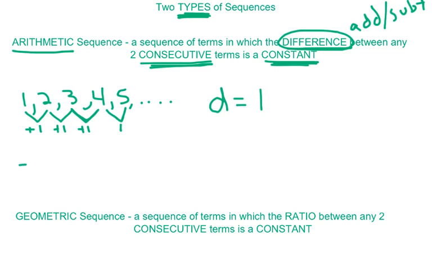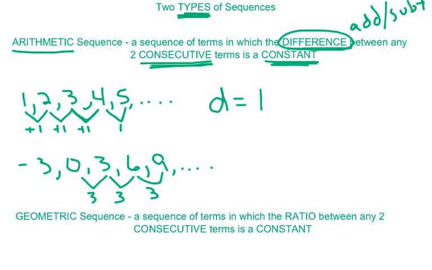Another situation, -3, 0, 3, 6, 9, and so on. So let's start from the end. 9 minus 6 is what? 3. 6 minus 3 is what? 3. 3 minus 0 is what? 3. So if I start at the beginning, -3 plus 3 is 0.